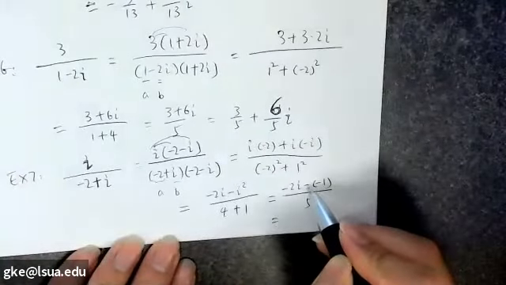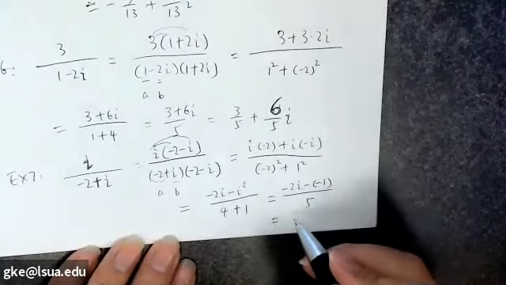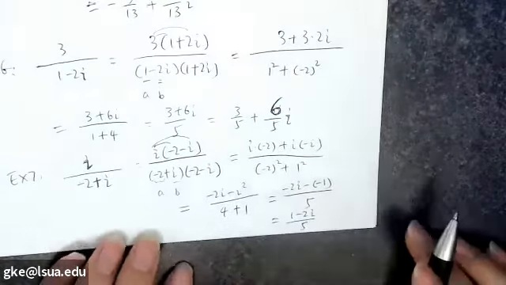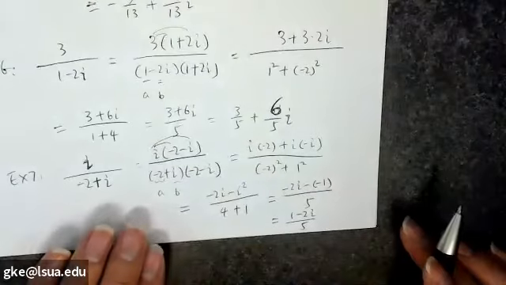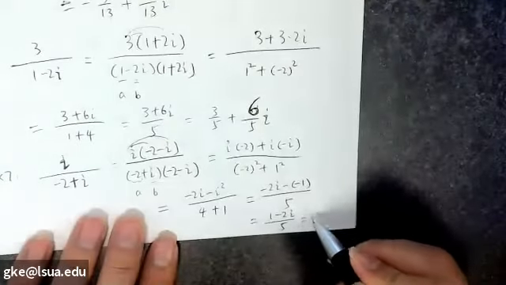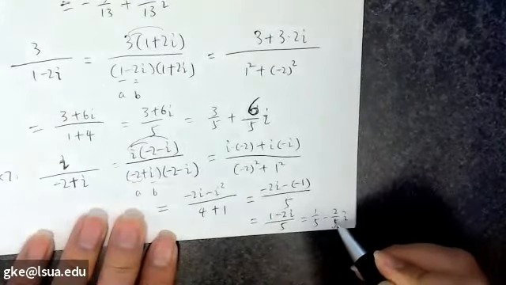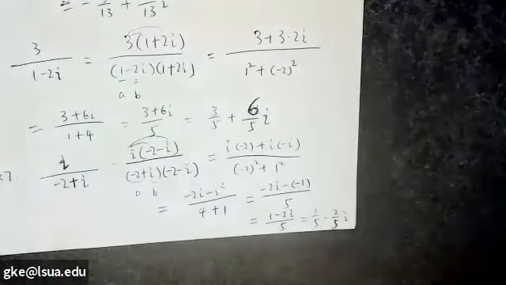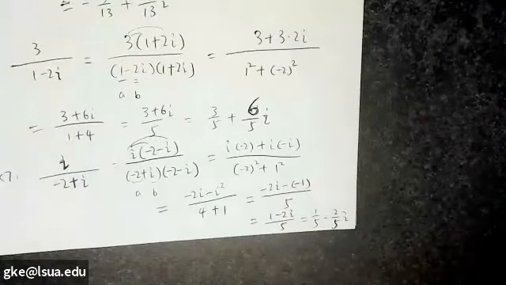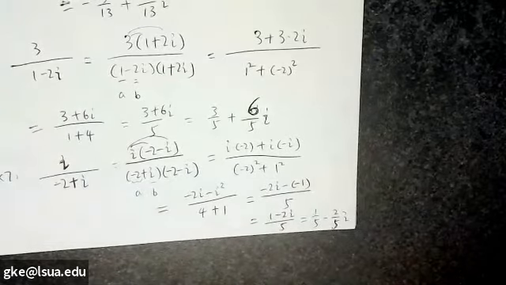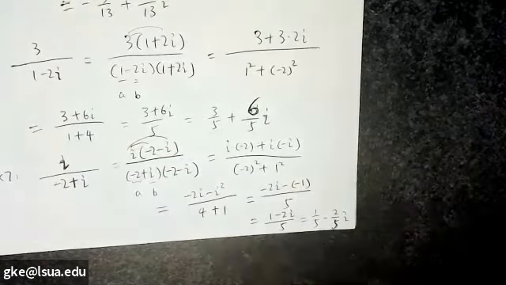Now here is negative, negative, positive. So 1 minus 2i, that's the real part. And divided by 5. Spread these two terms. Right? 1/5 minus 2/5i. Okay, that's the answer. Now I'm gonna give you guys another one.